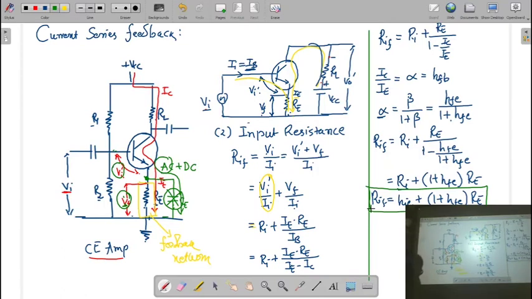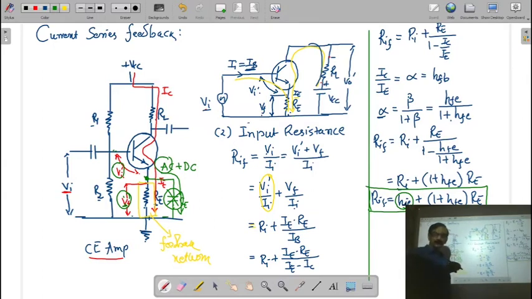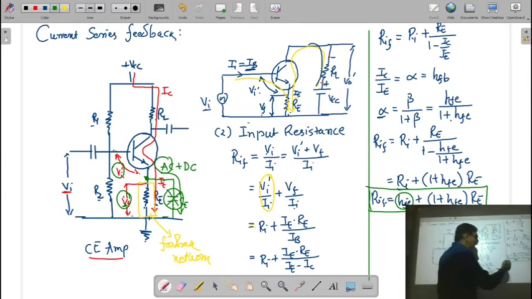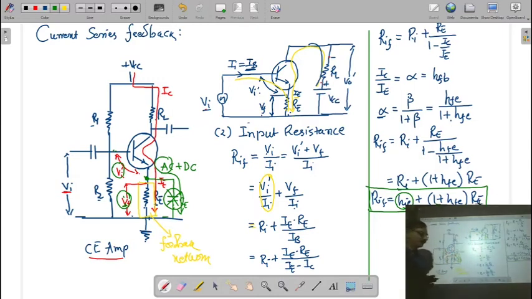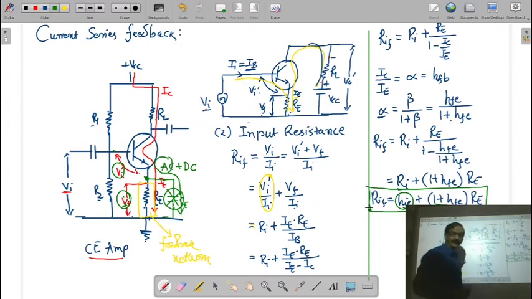Now, what is important? If we have an amplifier without feedback, then the input resistance will be only HIE. But when we introduce feedback, this term is going to be added: 1 plus HFE into RE. And that's why by applying negative feedback, in this case, the input resistance of the amplifier is increased.